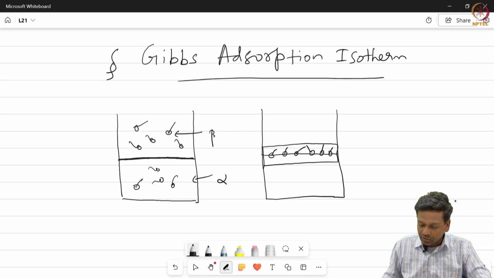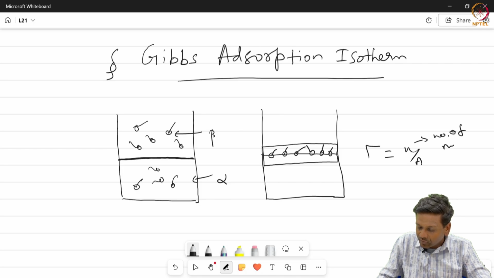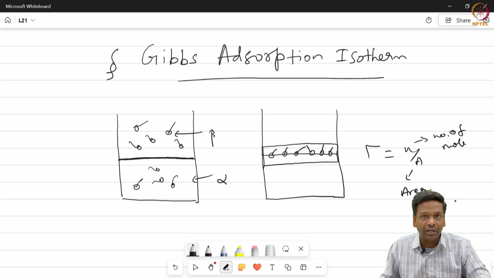When we refer to surface excess, we know that surface excess is defined as gamma, which is a Greek letter, equal to n by A, where n is the number of moles and A is the interfacial area.